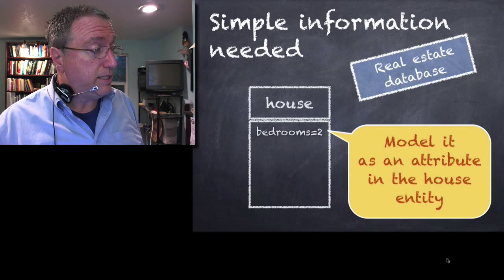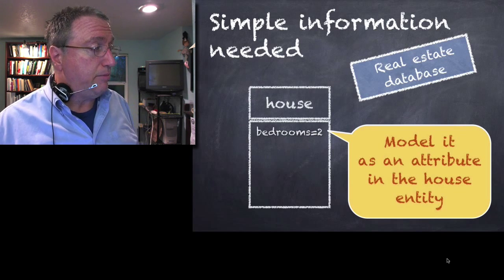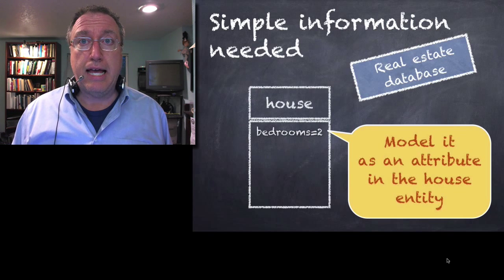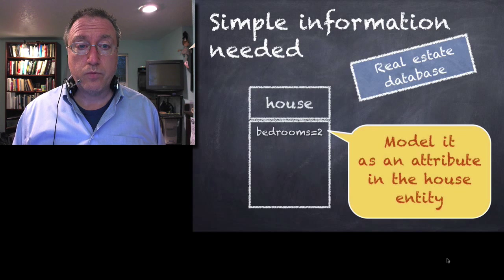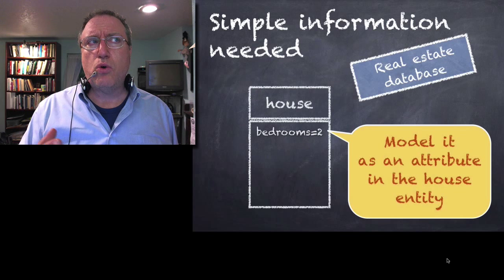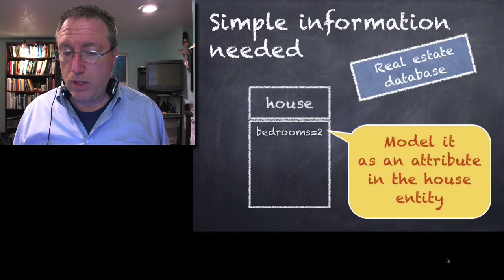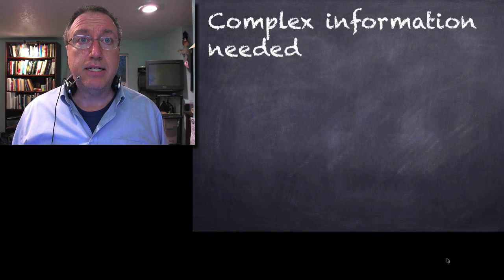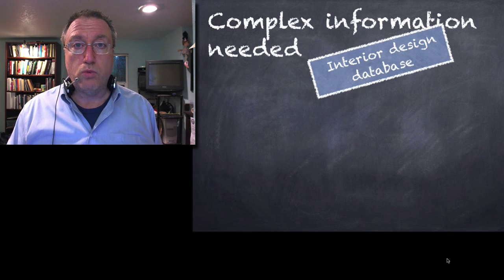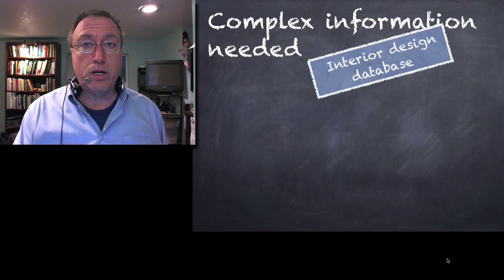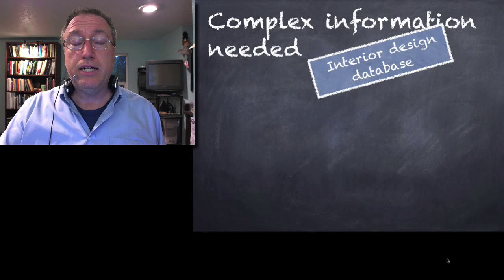This is the notation I'd like you to use when you're listing the attributes of an entity. The entity name goes in the top rectangle, and the list of attributes goes in the lower rectangle. Now, if you want to store more information about bedrooms, let's say you need to store the complex information needed by an interior designer: the wall color, the window treatments, the floor coverings, whether it was created for a little girl or an older teenage boy.